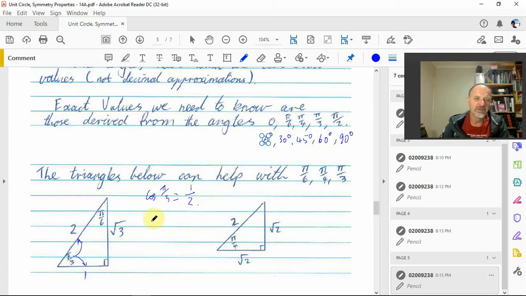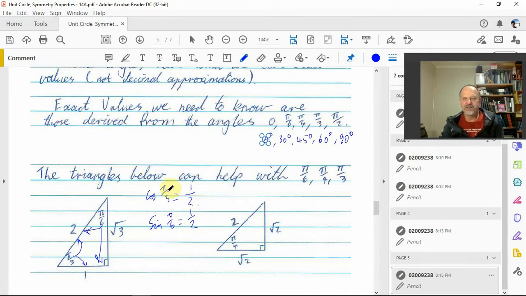And if I wanted to know the sine of pi/6, sine is opposite over hypotenuse, so it's also 1/2.